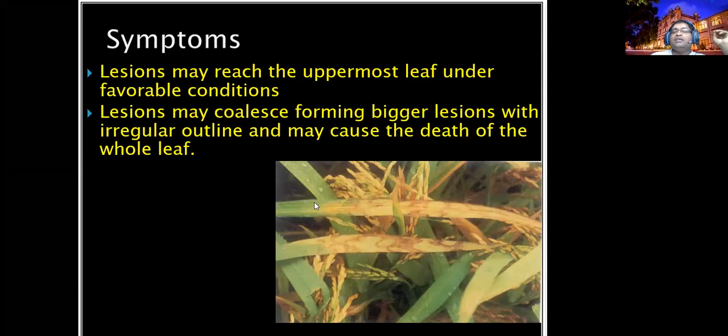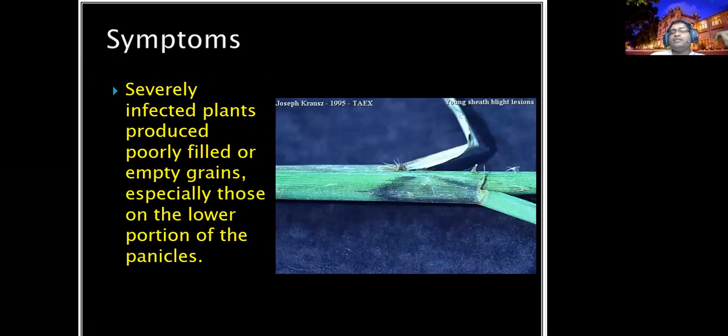In the advanced stages, it may be confused with whether it is brown spot or blast. So only the initial identification or initial observation will give you the idea. But if the disease is advancing, you can expect symptoms like severely infected plants producing poorly filled or empty grains.